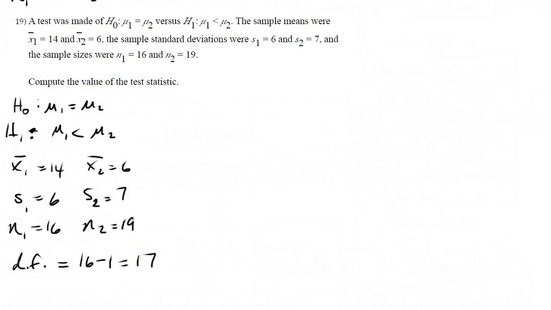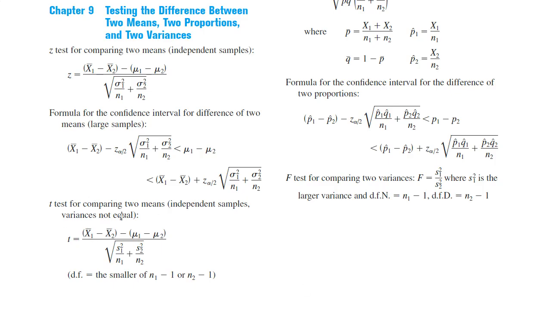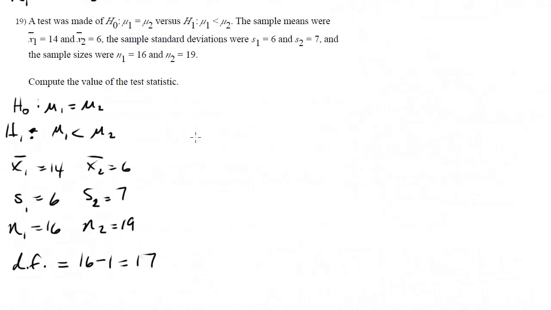Compute the value of the test statistic. So if I go to my formula sheet, t-test for comparing two means, independent samples, variance is not equal. Here's our formula. Okay, so I'm going to try to write this out.